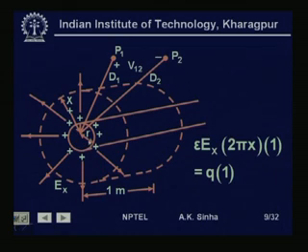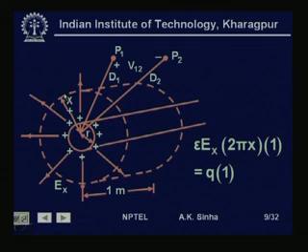Now, for finding out the electric field outside the conductor, what we need to do is we take up a concentric cylindrical volume of 1 meter long length. So, this volume shown here, this is a concentric cylinder of 1 meter length with a radius of x.